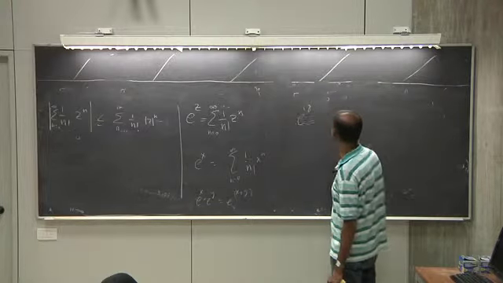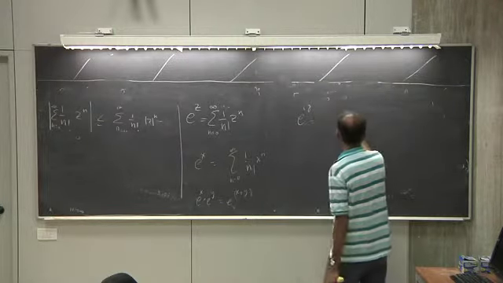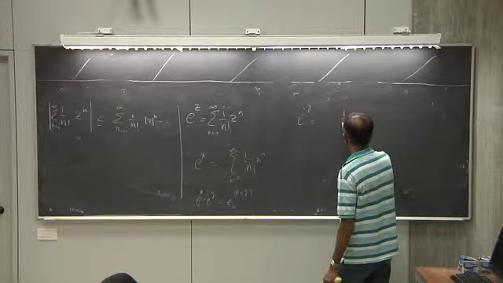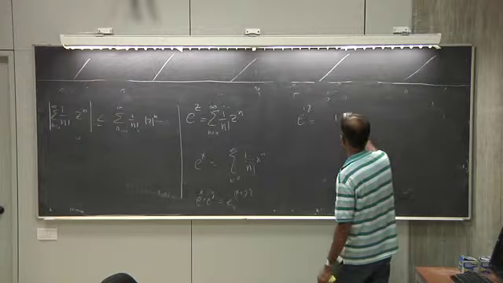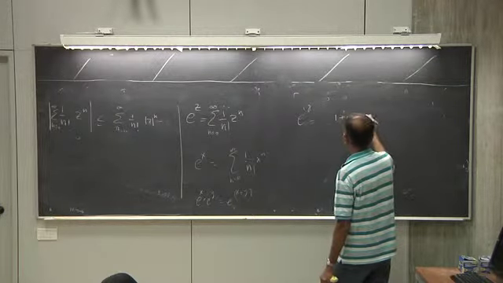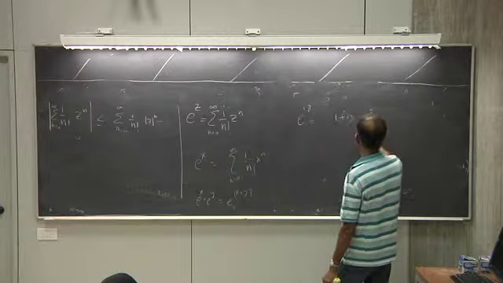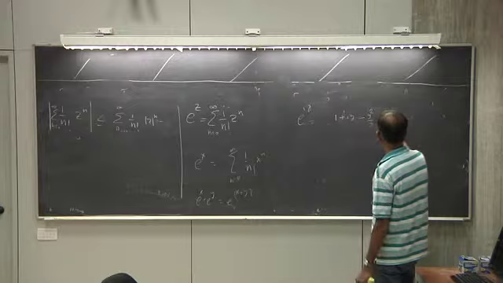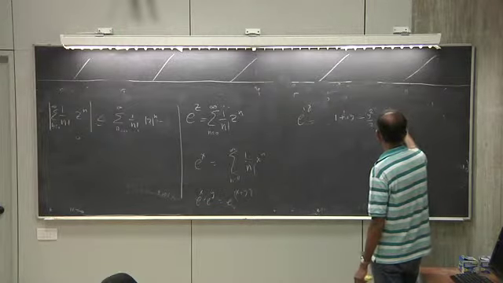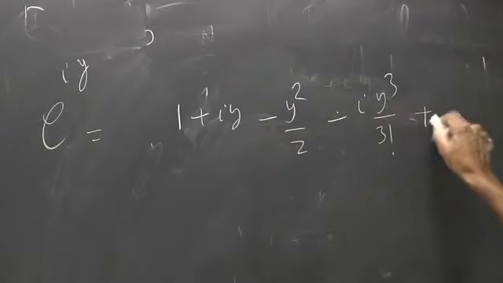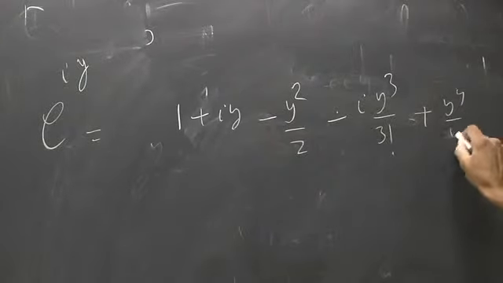Well, that has an expansion; you just substitute here. Let me write explicitly: 1 plus iy minus y squared over 2, minus i y cubed over factorial 3, plus y to the 4 over factorial 4, etc.